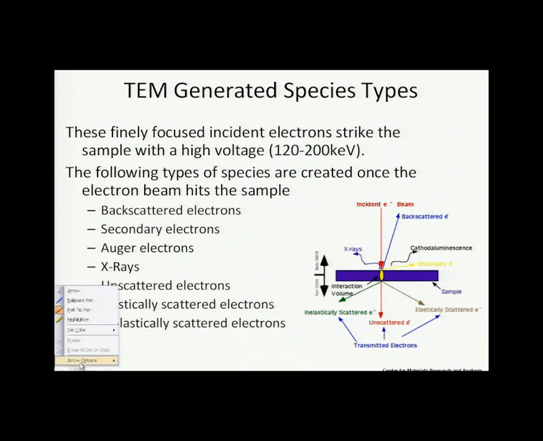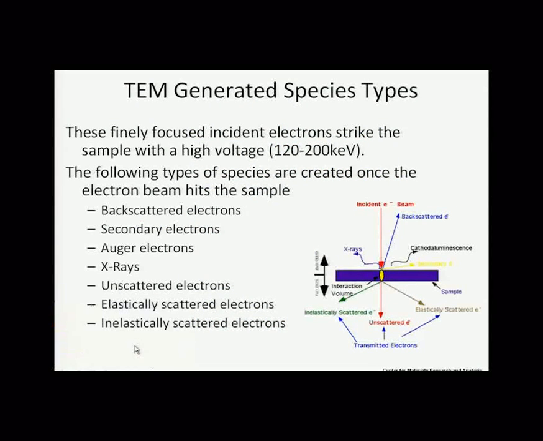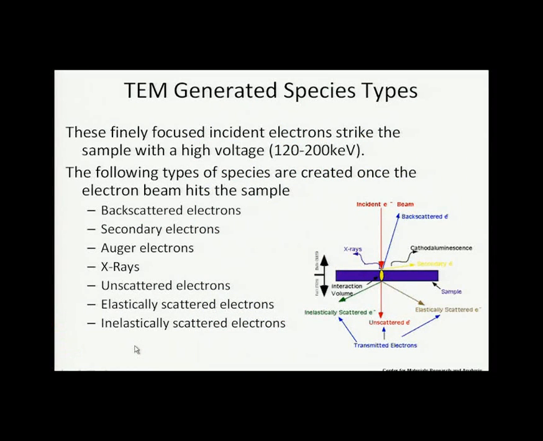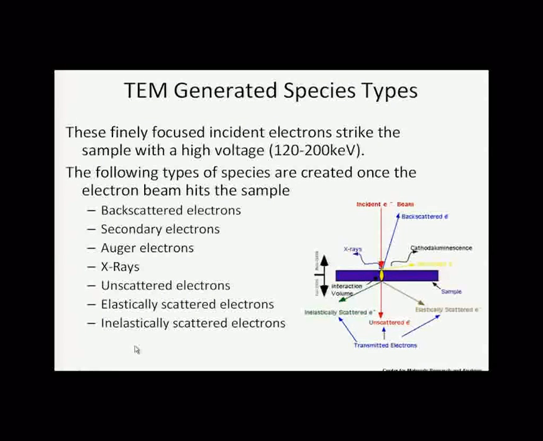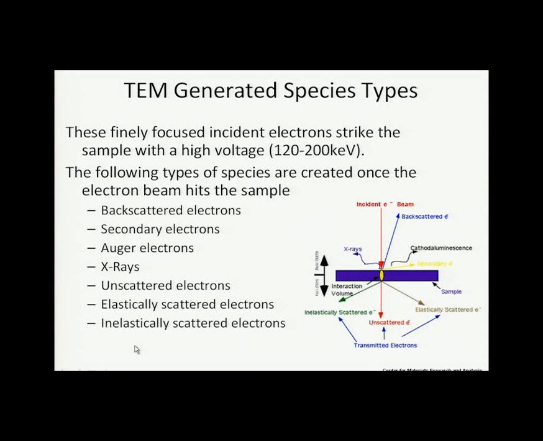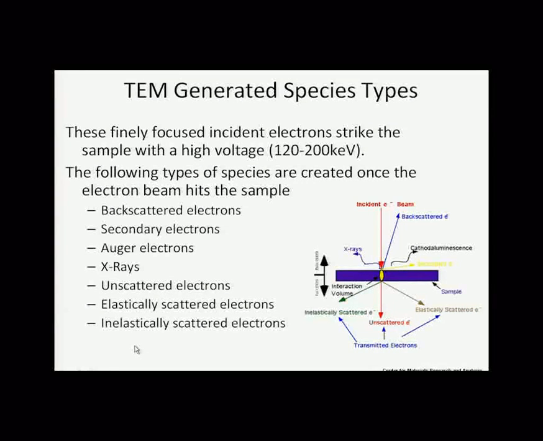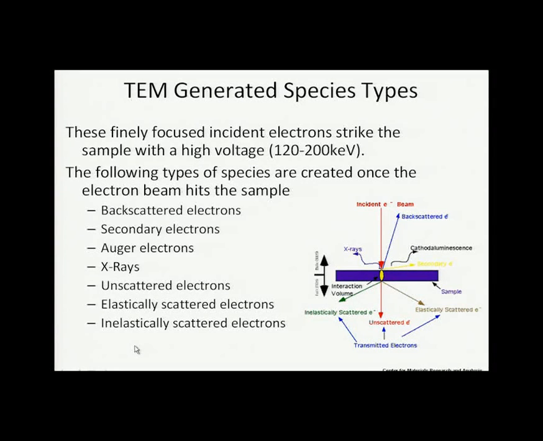So there are multiple TEM generated species. What happens is the finely focused incident electrons strike the sample with a high voltage. So let's say 120 to 200 keV. After this collision with the sample, different types of species can be created.